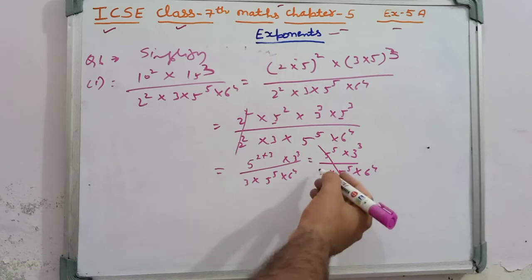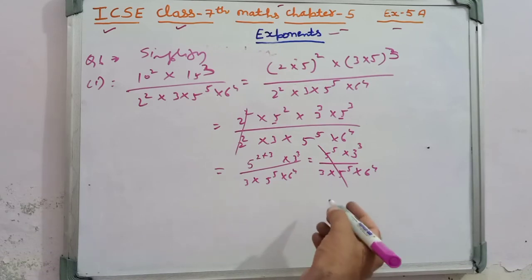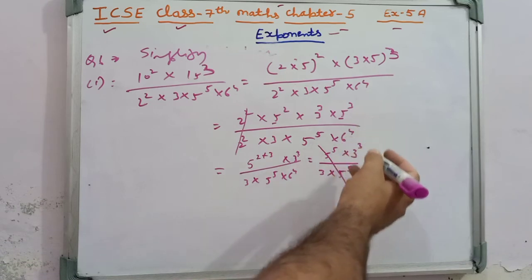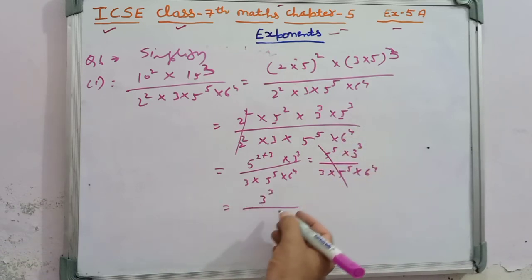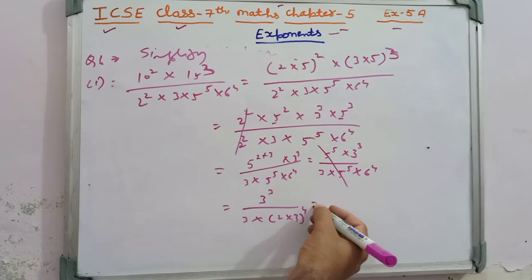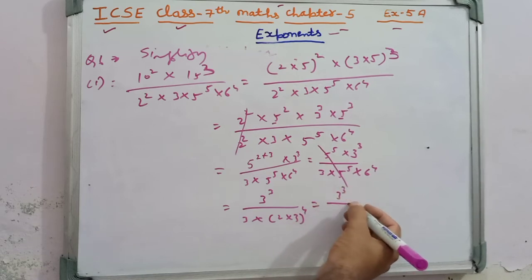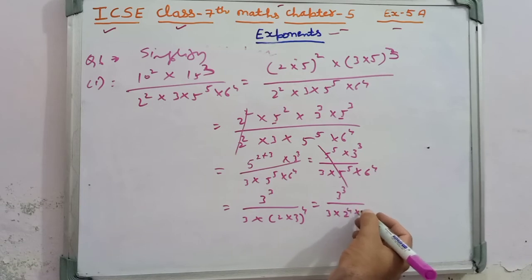Now we can write 3 raised to power 3 upon 3 multiplied by 2 raised to power 2 multiplied by 3 raised to power 4. 3 raised to power 3 upon 3 multiplied by 2 raised to power 4 multiplied by 3 raised to power 4, right?